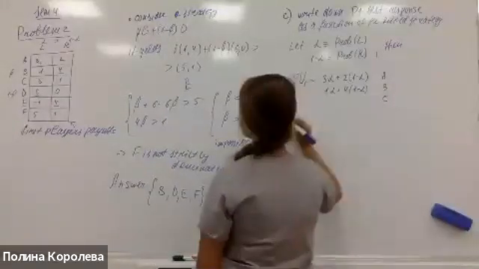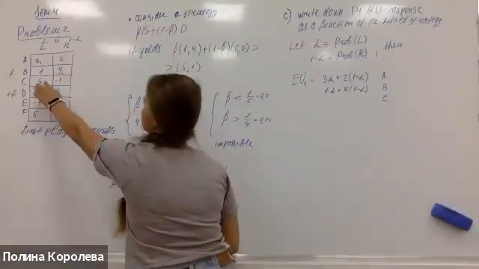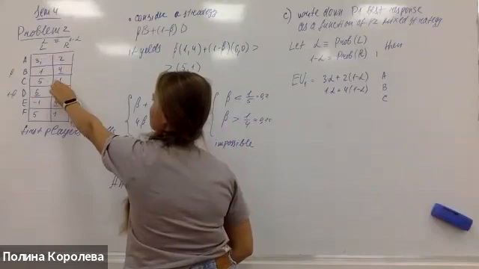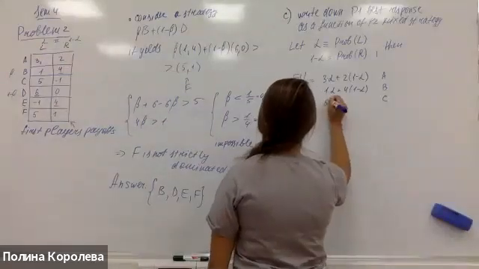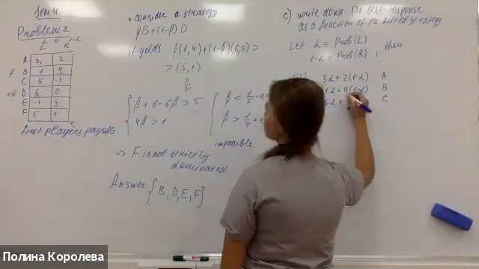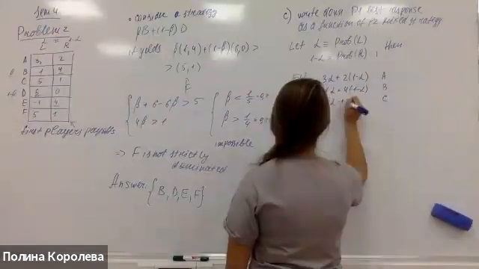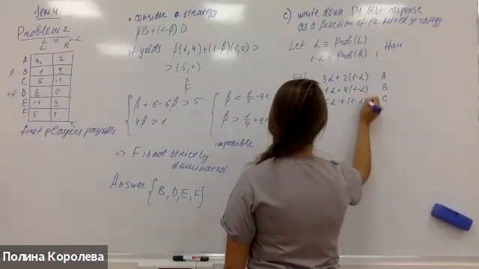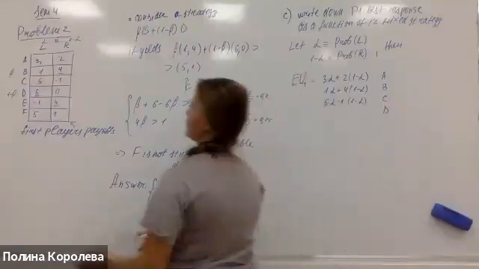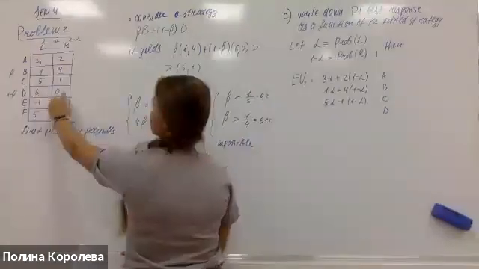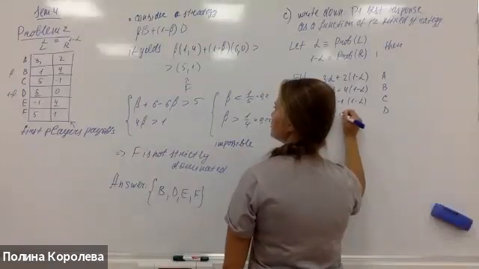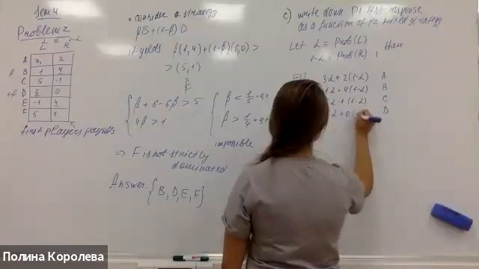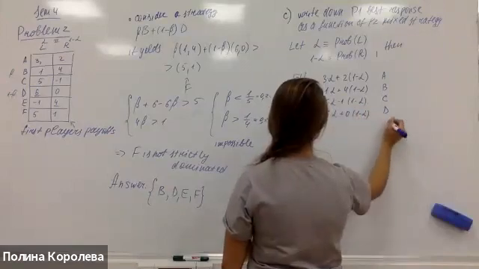Next, if C, 5 with alpha or minus 1 with probability 1 minus alpha. D, 6 alpha plus 0 times 1 minus alpha.